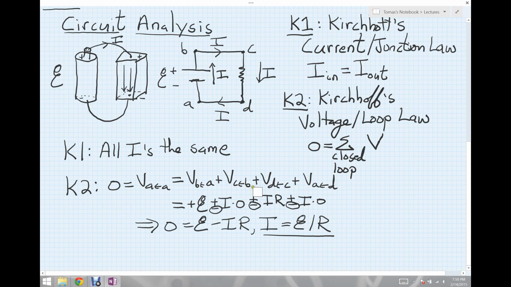We then looked at each of these voltages and used what we knew about them from the chemical processes in the battery. If I'm going from the minus side to the plus side of the battery, that's a gain in voltage. It's a positive voltage. That's plus E, the voltage rating of the battery. When we go along this wire, we are now going downstream, along with the flow of the current.